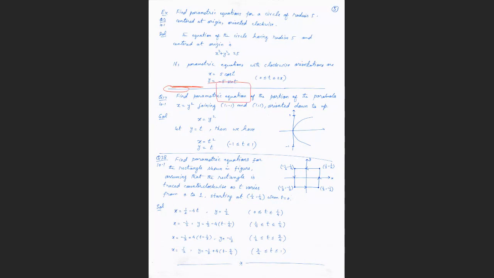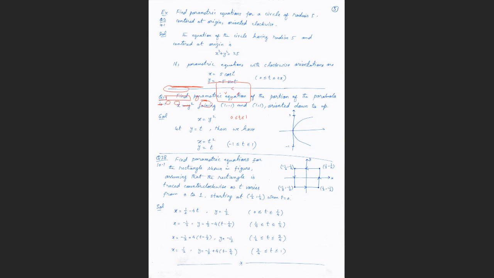The rectangle is traced counterclockwise. Okay, counterclockwise means in this direction. So this is the counterclockwise, and t varies from 0 to 1, starting at a point half and half.